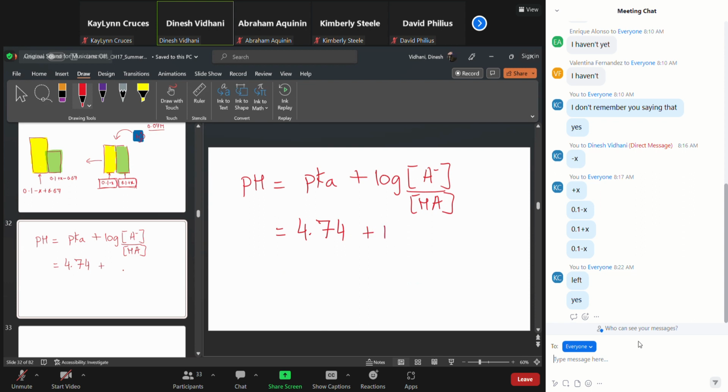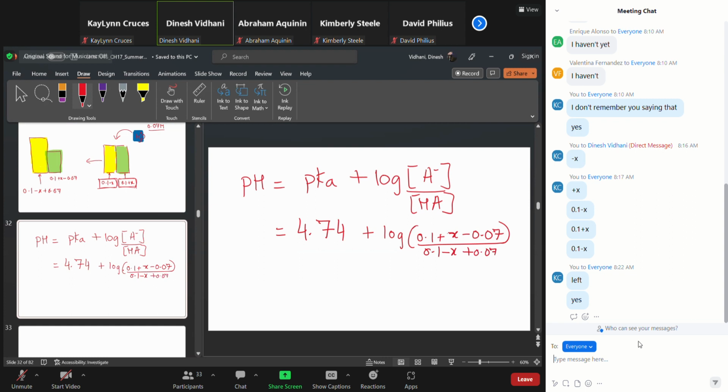And what is that? That's going to be 0.1 plus X minus 0.07, divided by 0.1 minus X.